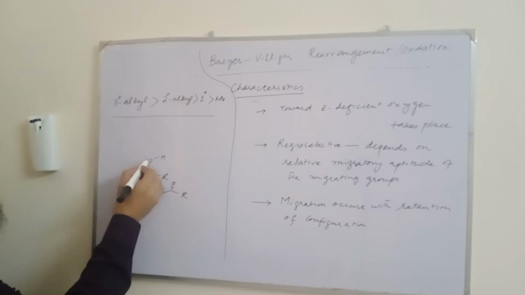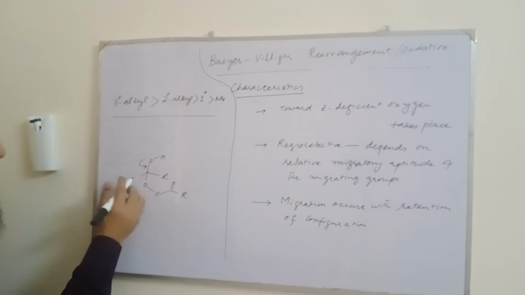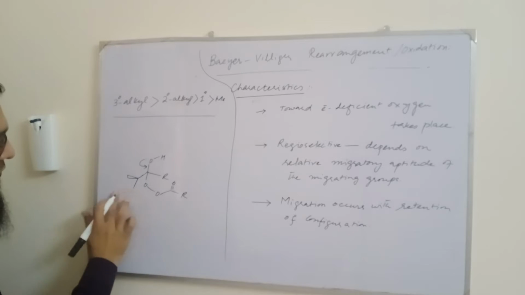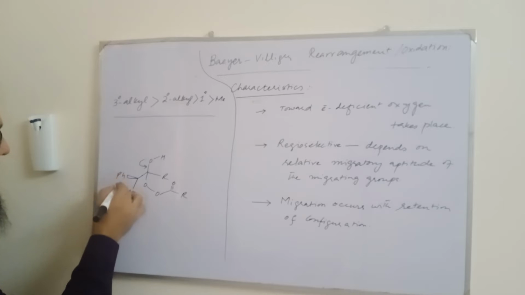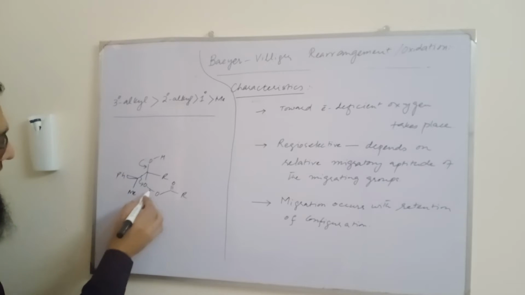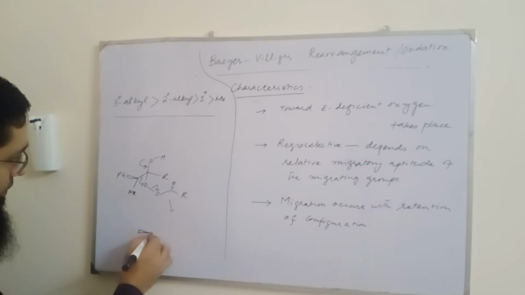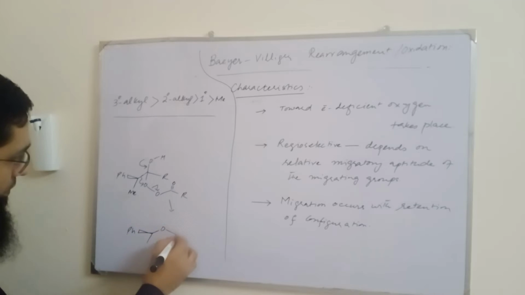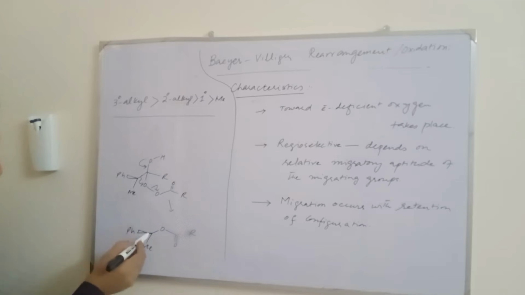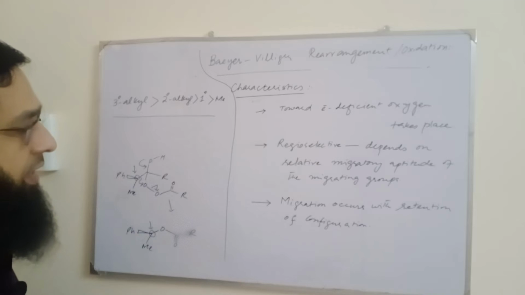So when migration takes place, this comes here, and if, for example, this is chiral, and this migrates here, we will get this one. So stereochemistry at this center is same. So retention of configuration takes place during migration.